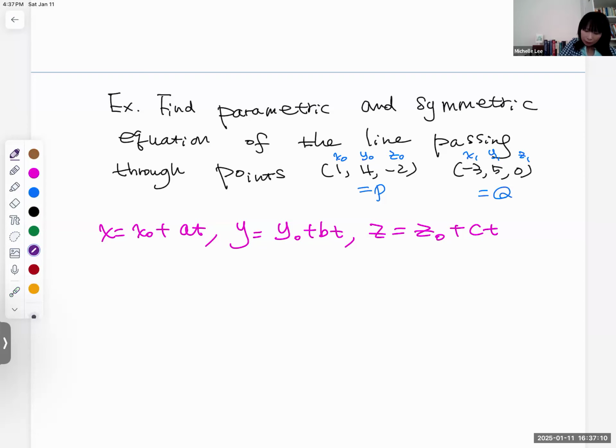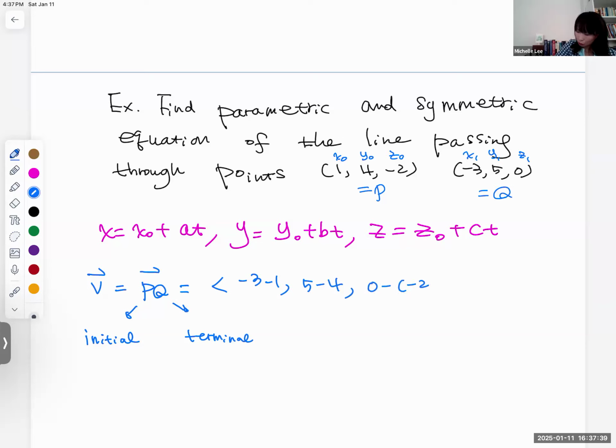So let's find vector v from the points P to Q, right? So initial point, terminal point. The vector components come from terminal minus initial: -3 minus 1, 5 minus 4, 0 minus -2.